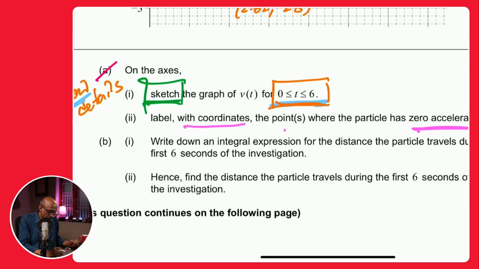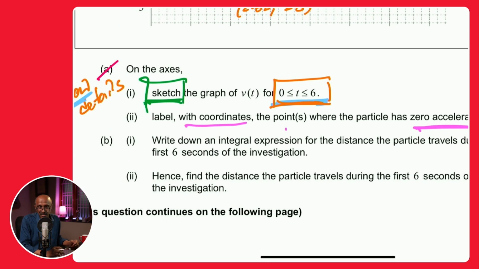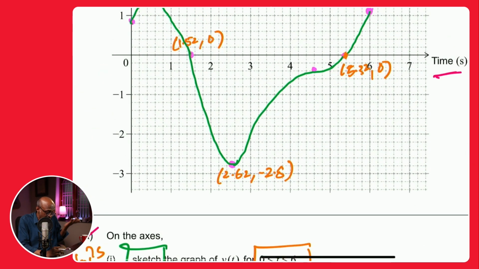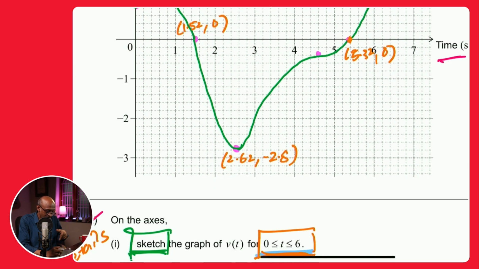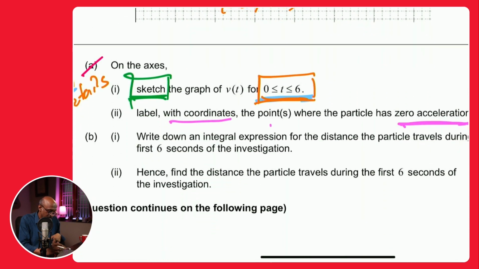All right, label with coordinates the points where the particle has zero acceleration. Now this is the graph of velocity, right? The acceleration is the slope. It's the derivative of the velocity graph. The derivative of velocity is acceleration. And they're asking in part 2, label with coordinates the points where that derivative is 0.